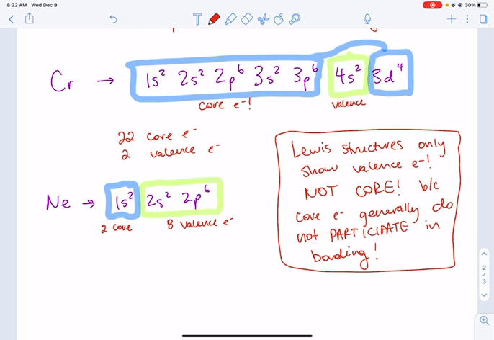Right? In the same way that spectator ions didn't really participate in reactions, those core electrons aren't really going to be participating in the bonding. Valence electrons are the things in atoms that help them bond to other atoms. That's why Lewis structures pretty much only show valence electrons.